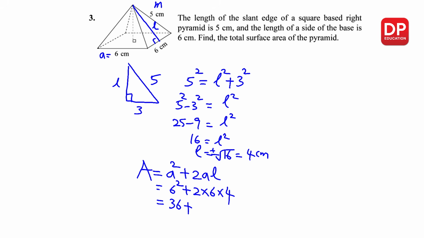You get 2 times 6, 12. 12 times 4, you get 48. When you add these two together, you get 84 square centimeters for the surface area of this pyramid.